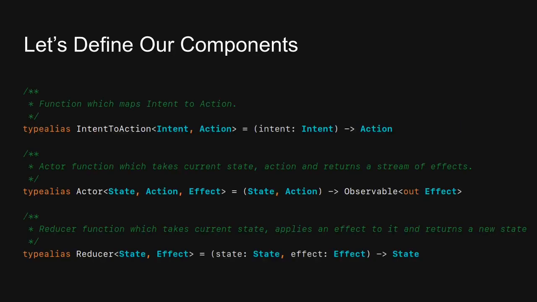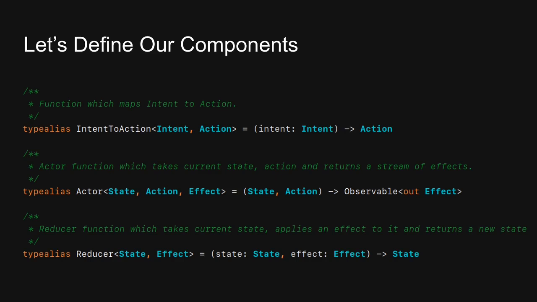Now it's time to define our components. These are the three components, three functions which I have created. The first function is the intent to action function. This is the function which takes an intent and produces an action. Second we have the actor function, which takes a state and an action and produces an effect.